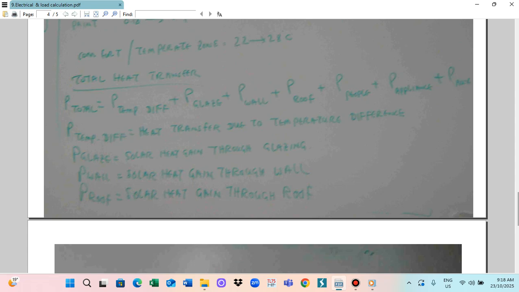Then we calculate the solar heat gain by the wall, and also the solar heat gain by the roof. And then the solar heat gain through the windows.